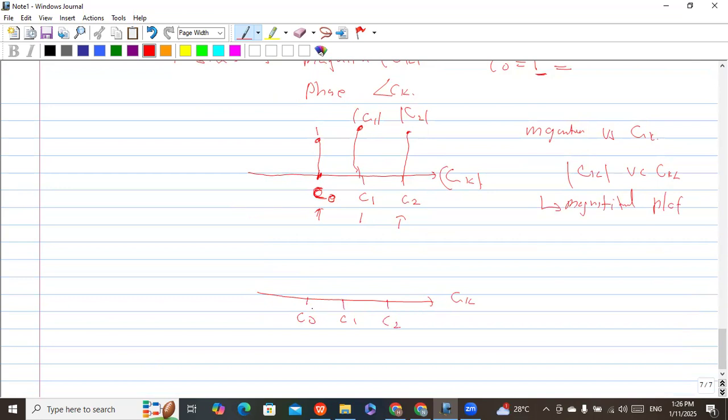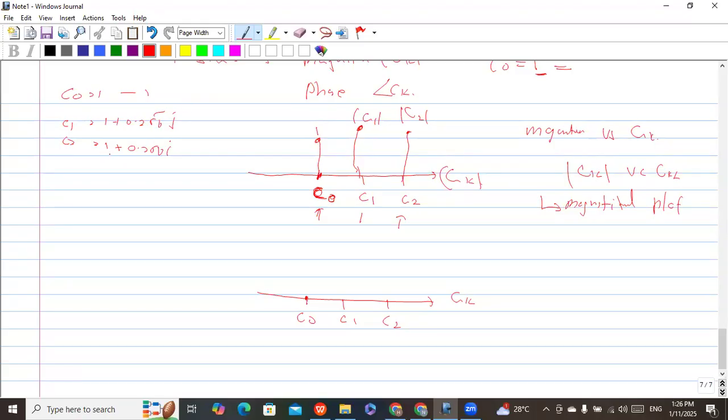C1, C2 is there. And what is the phase of C0? Tell me what is the phase of C0? C0 is 1. C1 is 1 plus 0.256 j. C2 is again 1 plus 0.256 j. So here the magnitude is 1. Here the magnitude is the square root of 1 square plus 0.256 square.